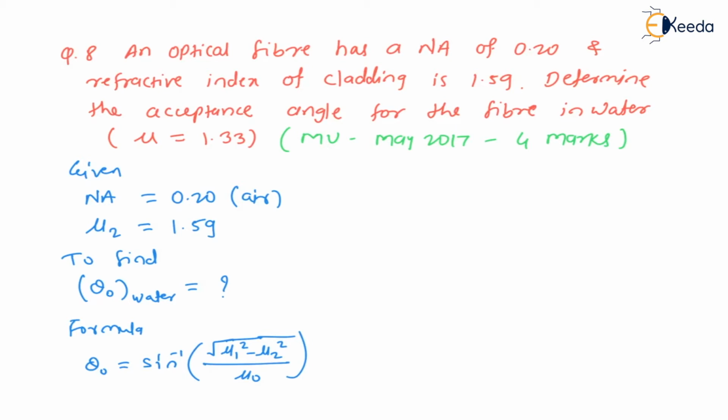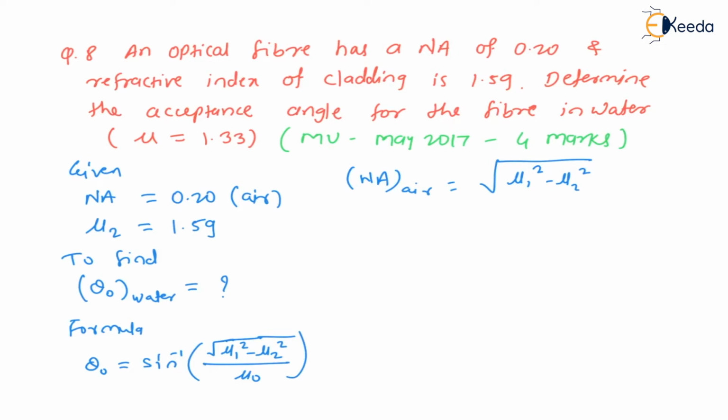So first of all, we will use the formula of NA for air medium. The formula will be, for NA in air medium, under root mu1 square minus mu2 square. This is the formula for NA of the optical fiber when it is kept in air medium.